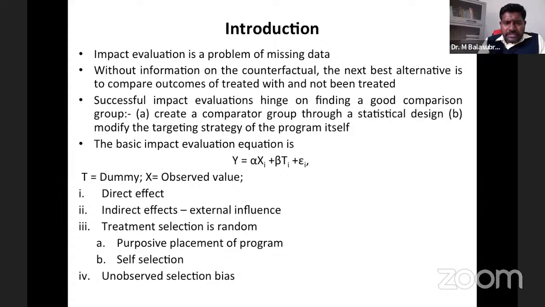Now this can be the direct effect, which we can catch in a simple analysis. The indirect effects are the most important phenomena to find in order to get an accurate figure for our analysis, because the indirect effects are influenced by external factors.